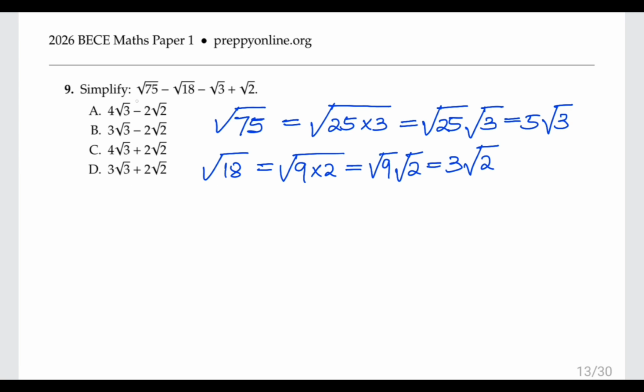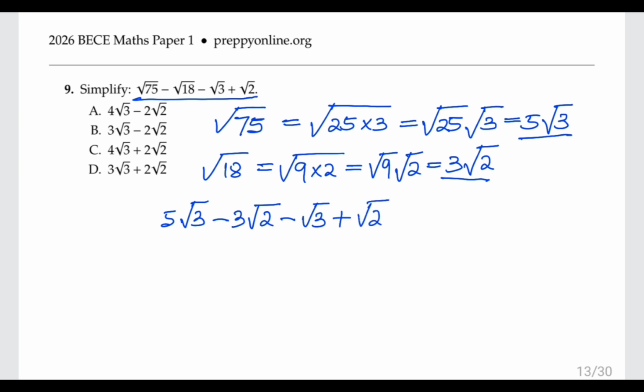So this entire expression can be written as follows. Square root of 75, we said it's 5 root 3. So we write 5 root 3. Then square root of 18, we found that to be 3 root 2. Then minus square root of 3 plus square root of 2.